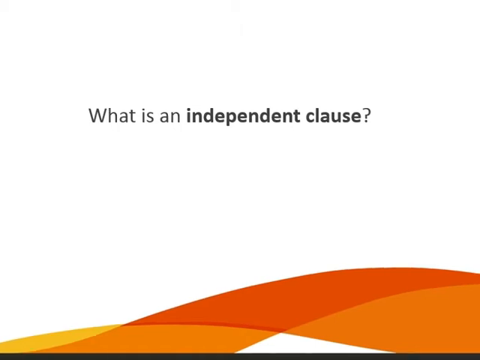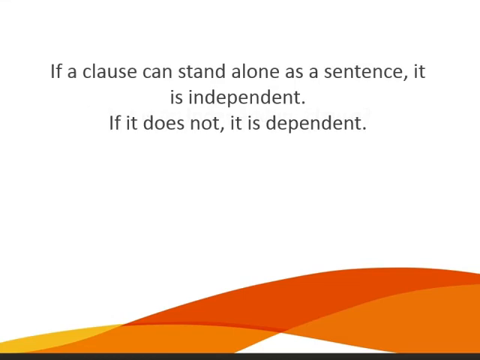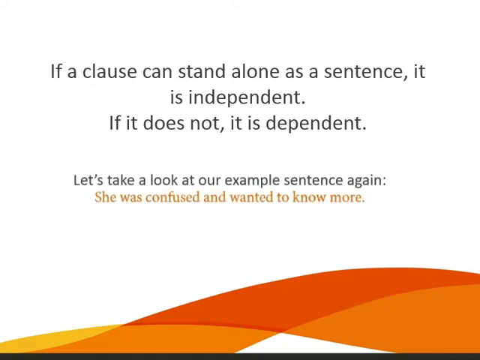So, what do you mean by an independent clause? An independent clause is pretty straightforward. If a clause can stand alone as a sentence, it is independent. If it does not, it is dependent. We'll see more examples of dependent clauses in a few minutes, but for now, let's take another look at our example sentence.